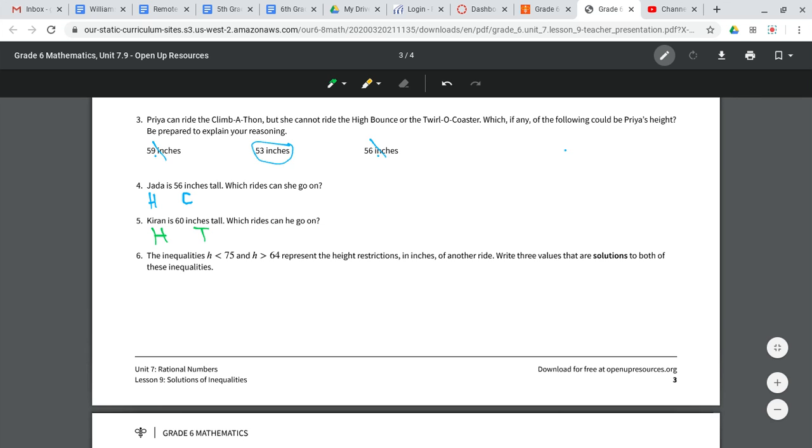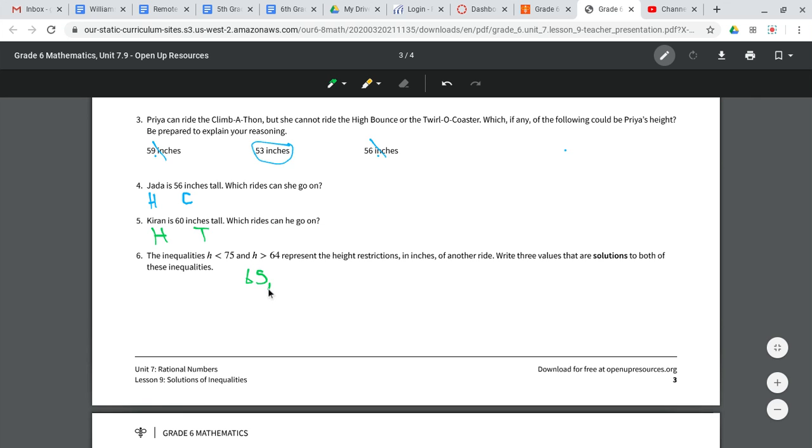All right, for number 6, it says the inequalities H is less than 75 and H is greater than 64 represent the height restrictions in inches of another ride. Write 3 values that are solutions to both these inequalities. So if we have to be less than 75 but more than 64, what are some of those values? Well, we could be 65.